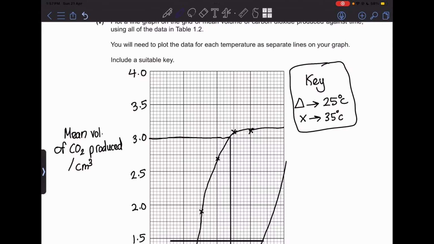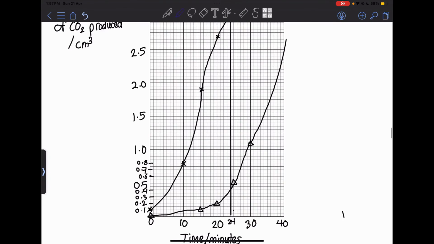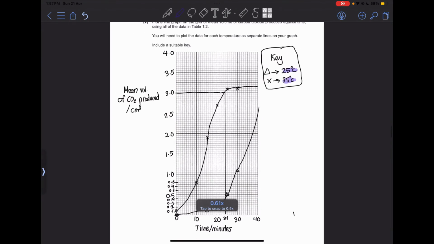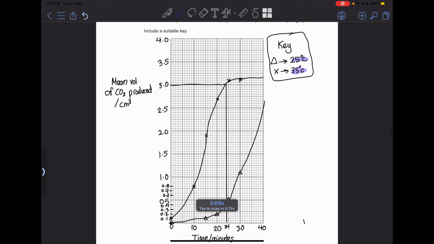So this is, for example, a triangle. It will indicate the 25 degrees, and the X will indicate 35. I drew this graph, and of course it doesn't look the best because I'm drawing on a tablet. If you draw on paper, it will be much more accurate, but this is just a demonstration of how it can look for you.